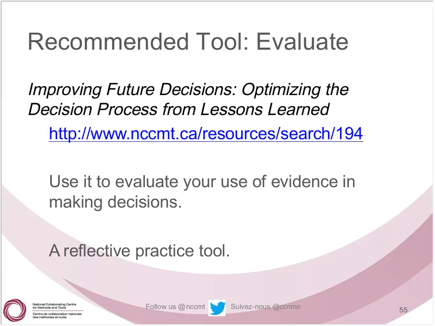Another tool that may be of interest when you're at the evaluate stage, so you've tried to use some evidence in making decisions, maybe on a really big scale, maybe just in a small scale within your own practice or within your small team. This tool here, called Improving Future Decisions, Optimizing the Decision Process from Lessons Learned, is a reflective practice tool.